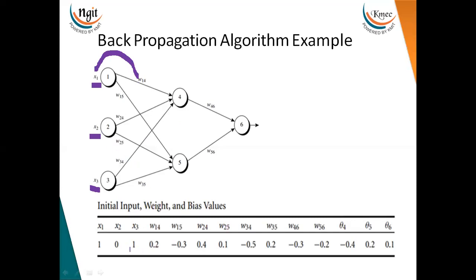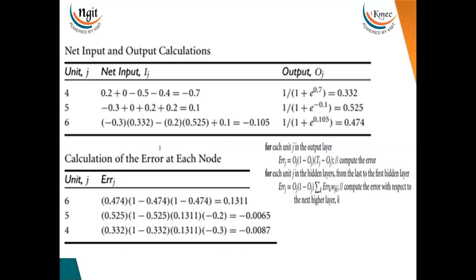Then x2 is 0, so whatever the multiplication, that will give me 0 only. Now x3 and w34. What is your x3? 1. And what is your w34? 0.5. So the values you will consider are 0.2, 0 since x2 was 0, and 0.5.